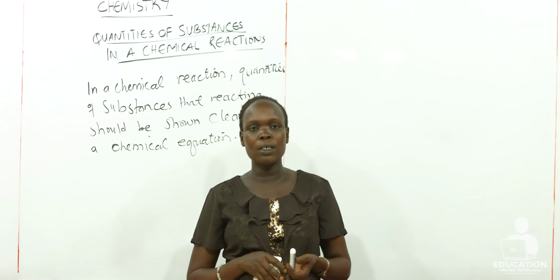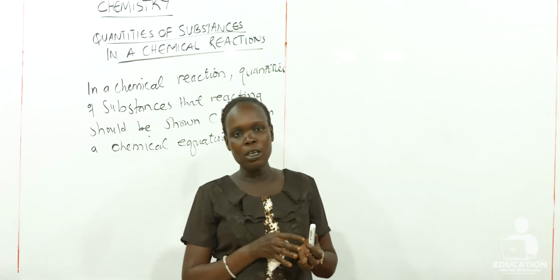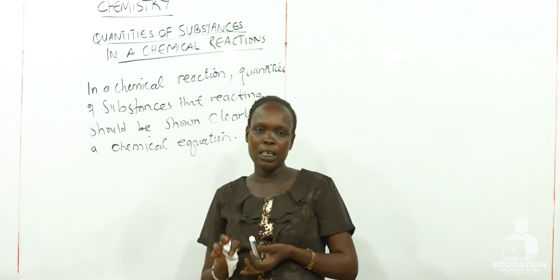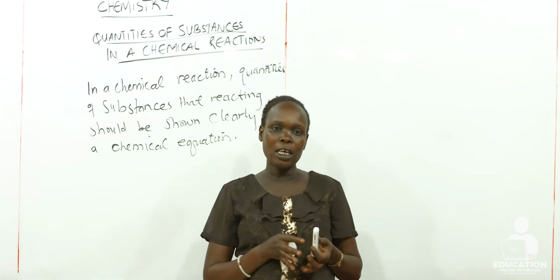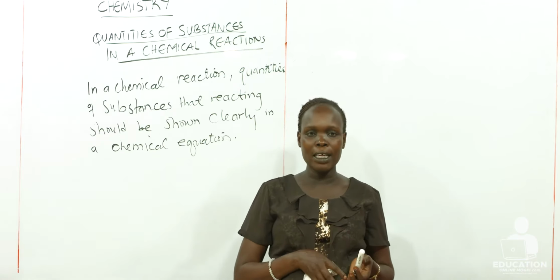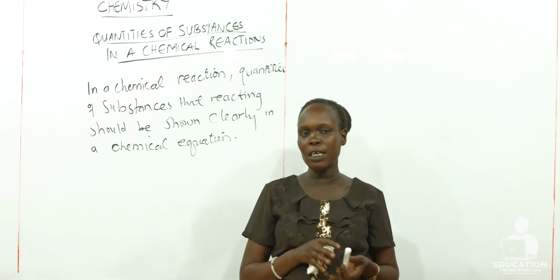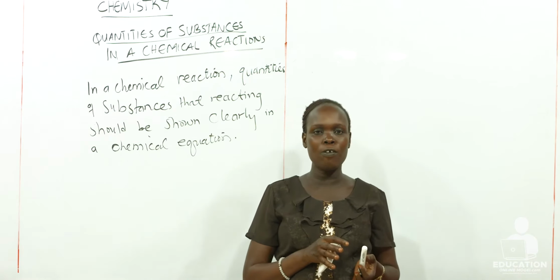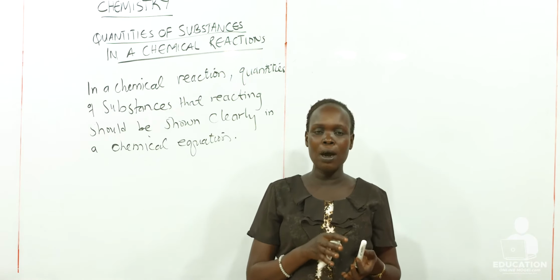So in this case we shall say that the moles at the product side are equal to the moles at the reactant side, or the reacting quantities of the reactants. Let me say you have different atoms at the reactant side, they will have the same number of moles or relative amount of moles.